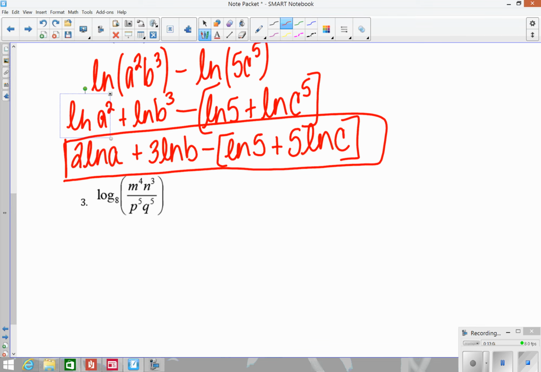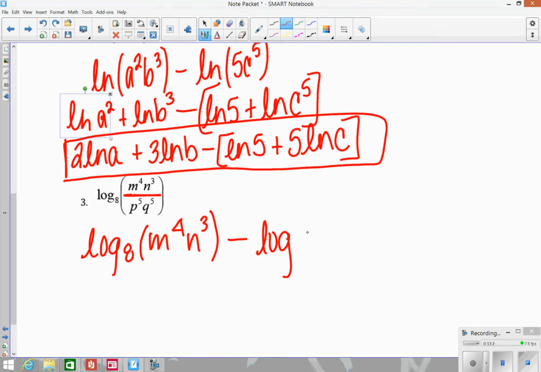So then the last one here, again, let's separate it. So log base 8, the first way to separate it is by subtraction because it's divided. So notice that all of my logs have the same base throughout.